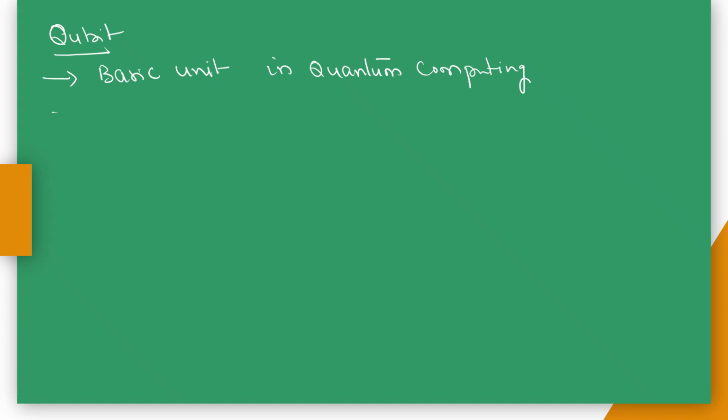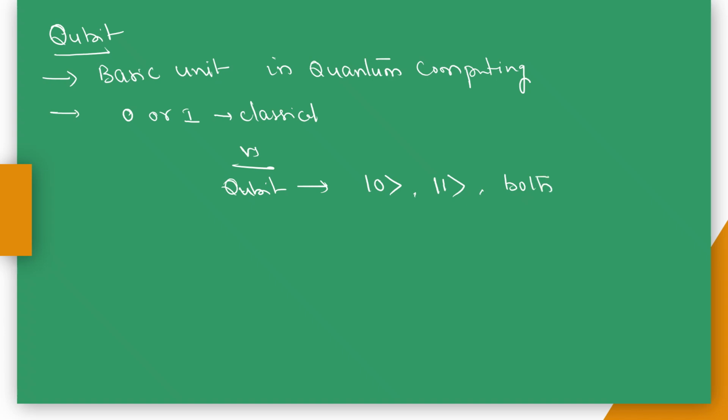Unlike the classical bit, where the state is either 0 or 1, from the qubit point of view the state may be available in the 0 state or state 1 or both.